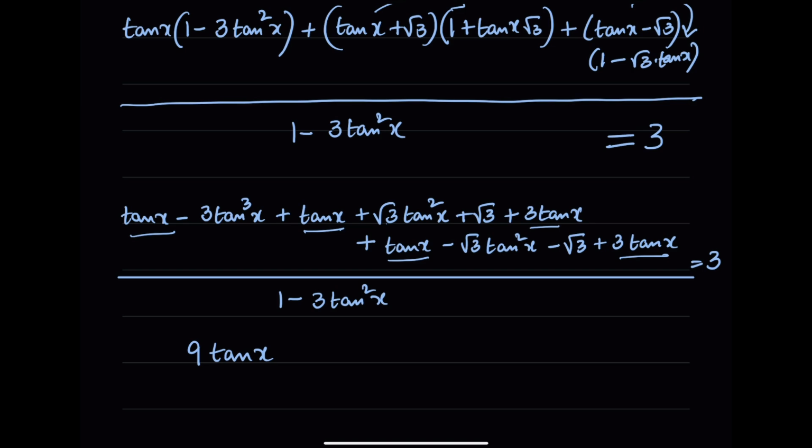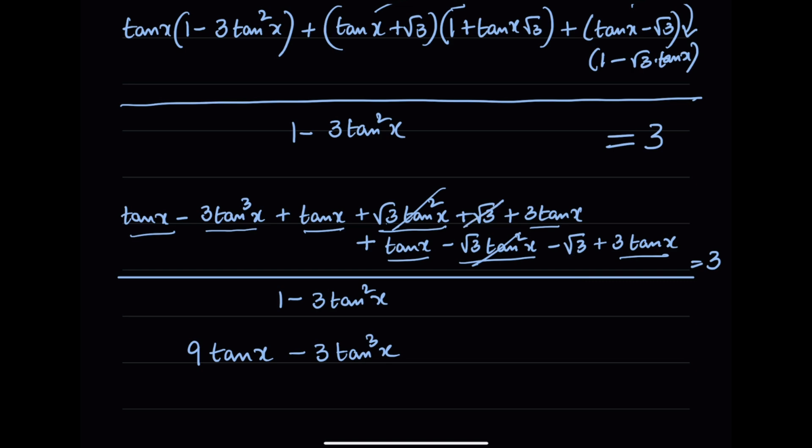So plus square root of 3 tan square x and minus square root of 3 tan square x. So this will get cancelled. Then now let's go to the tan cube one. So I think there is only one tan cube. Yes, so this is minus 3 tan cube x. And the last one is, what about the square root of 3?